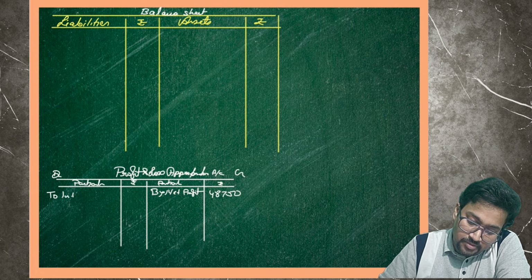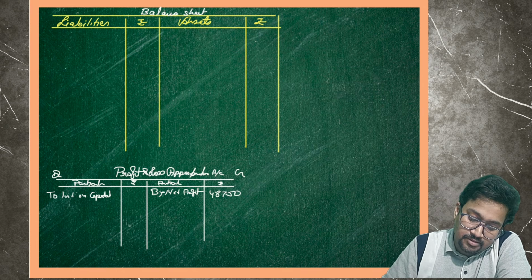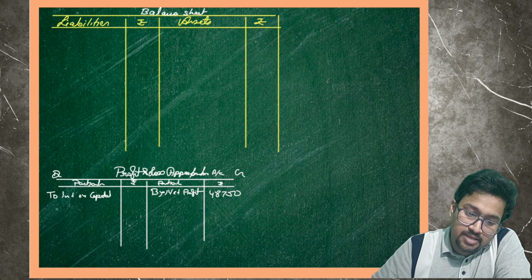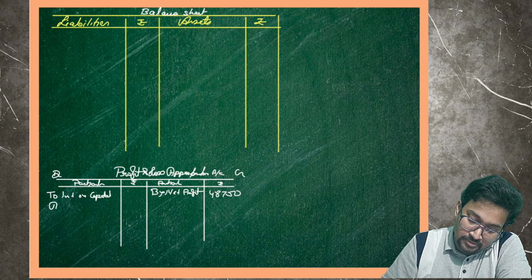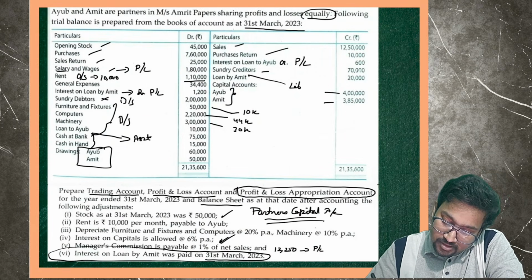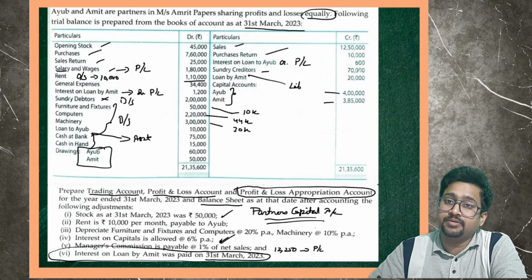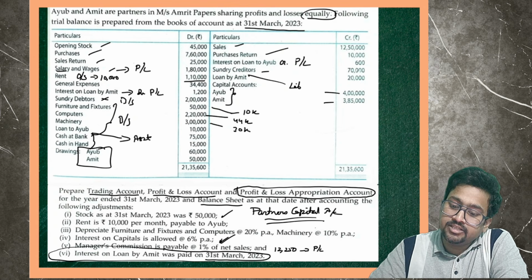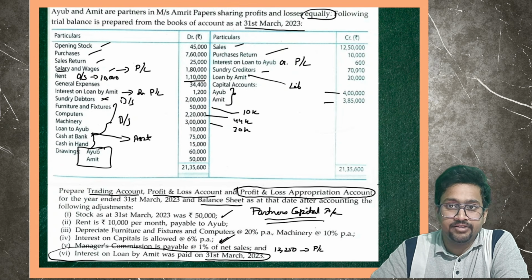Now as you can see in the question, firstly they have given interest on capital. So to interest on capital, and it's given to the partners, Ayub and Amit. So it's Ayub capital and Amit capital. How much is that given? 6% per annum. So let's calculate the 6% of 4 lakh and 3,85,000.